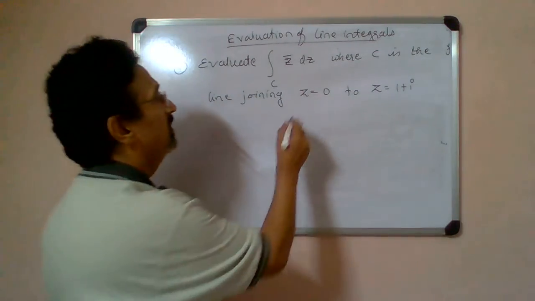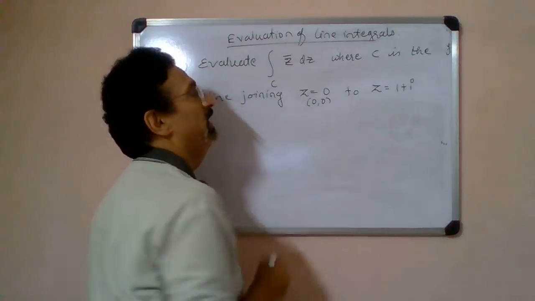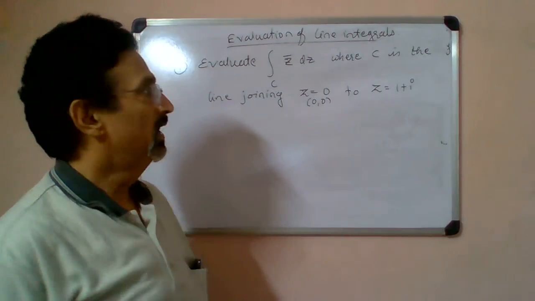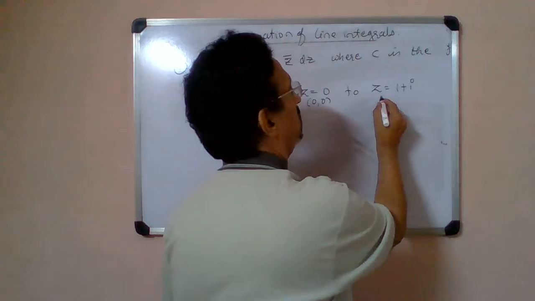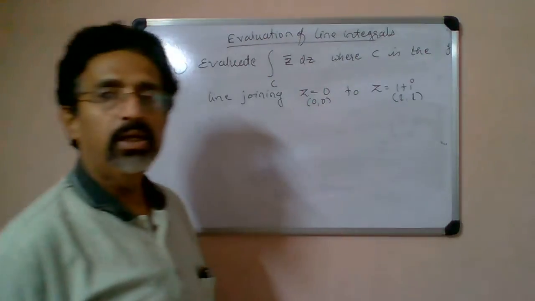So what is z equal to 0? z equal to 0 in Cartesian form on the xy plane is 0, 0, the origin, right? And what is z equal to 1 plus i? The point is 1 comma 1.